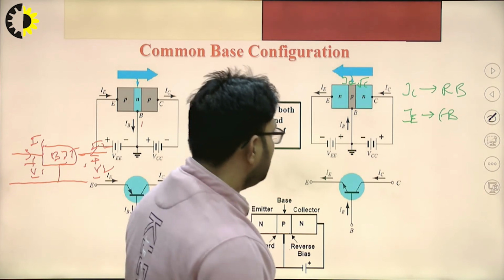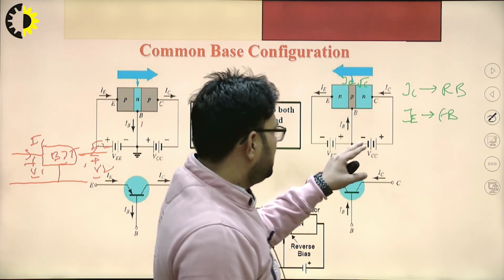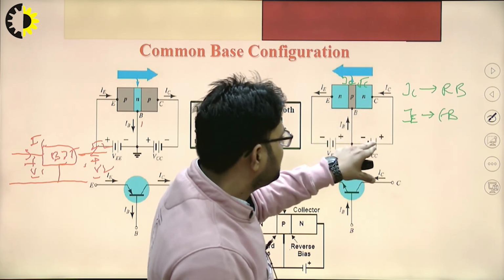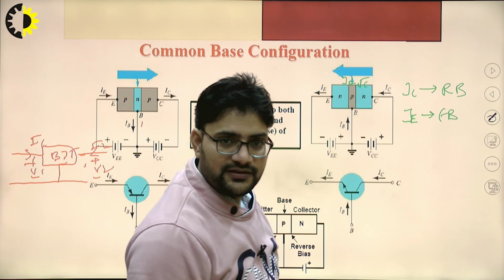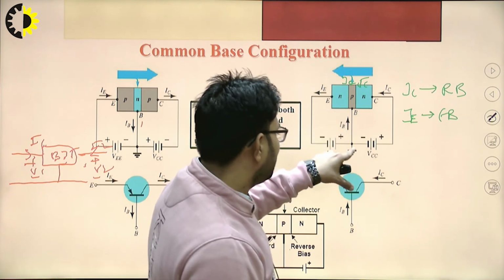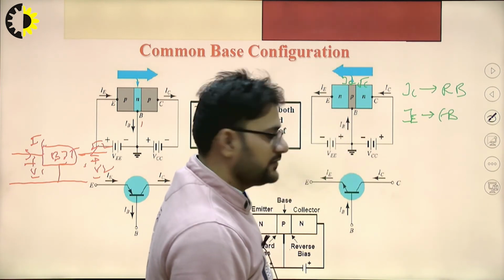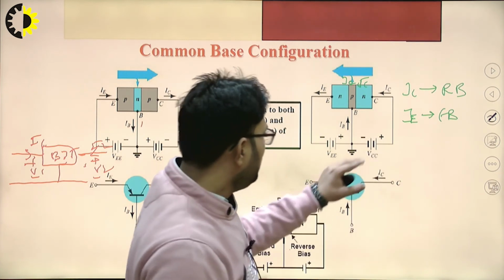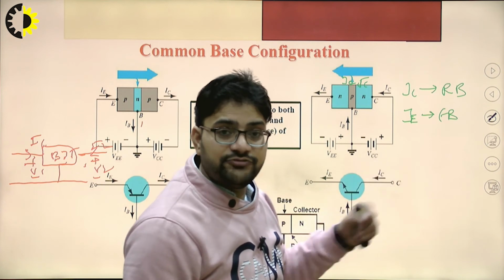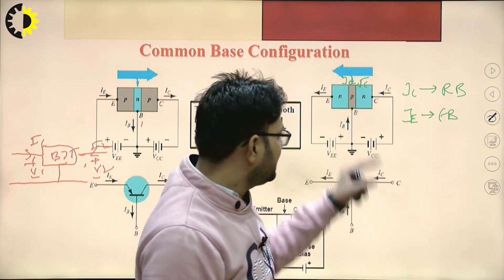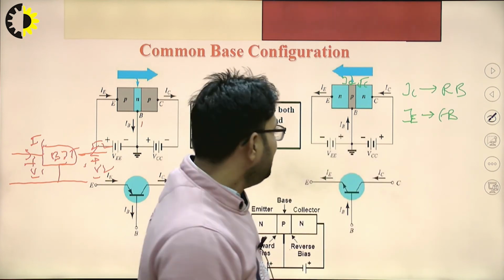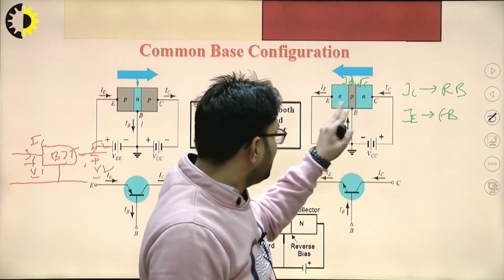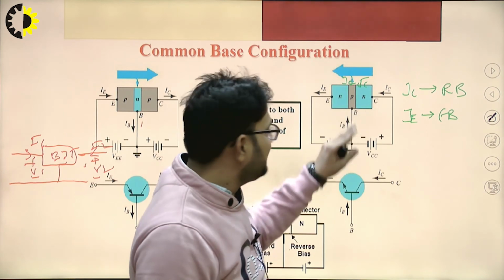So why is it reverse bias? This N is connected to the positive terminal of the battery, and this P is connected to the negative terminal of the battery. Now if we further increase the reverse biasing voltage, there is a huge difference between the doping concentration of this collector and this base.